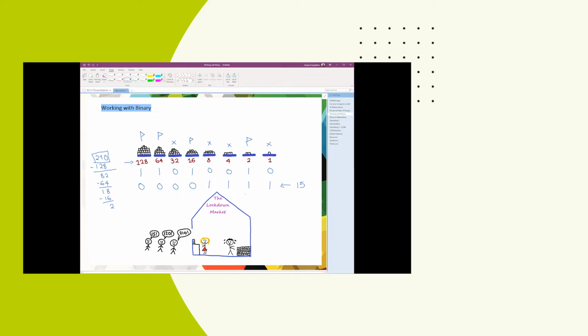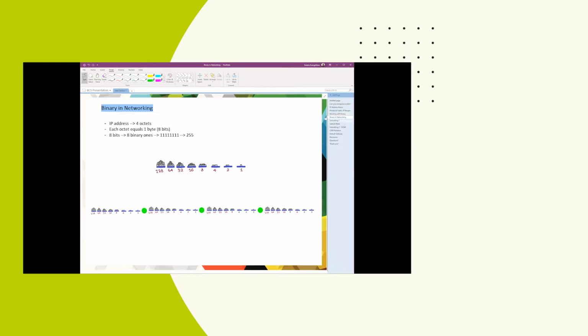But I'm guessing one of your questions is what all this has to do with networking. Let me explain by jumping onto the next slide. If you put flags in all of these palettes, so it's all ones, we have got 8 ones in total: 1, 2, 3, 4, 5, 6, 7, 8 ones.